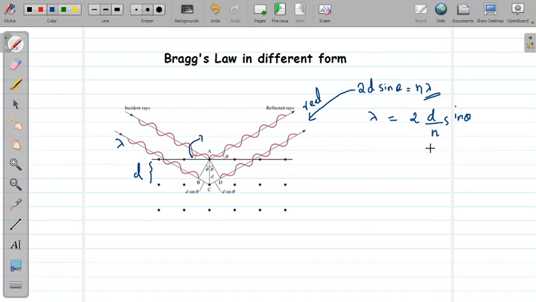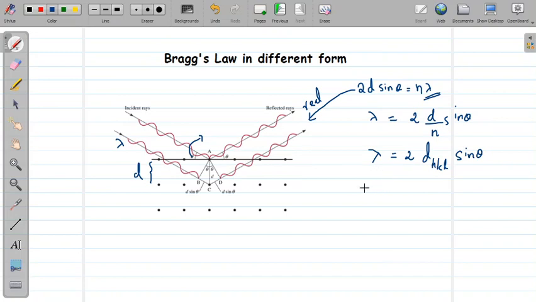So this can also represent a set of planes with another set of h, k and l values. So let me call this term d by n as d itself. The only thing is that the new d by n represents a new set of planes, into sine theta. So this is our equation.